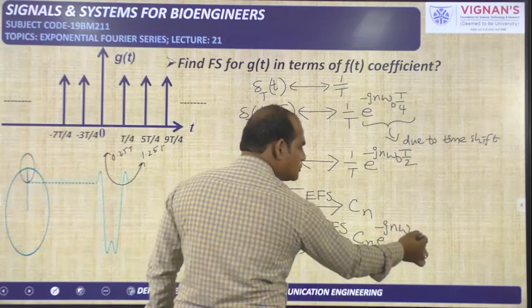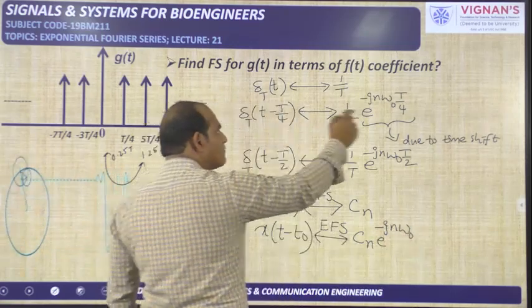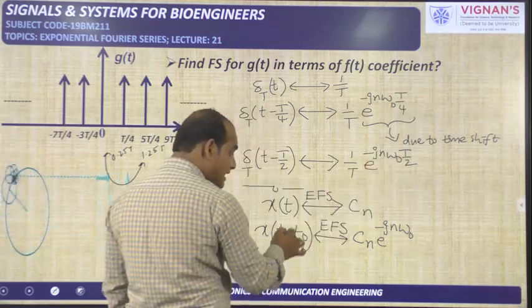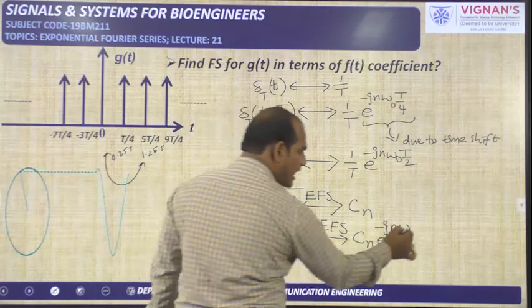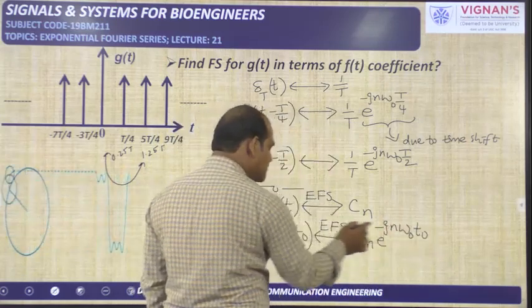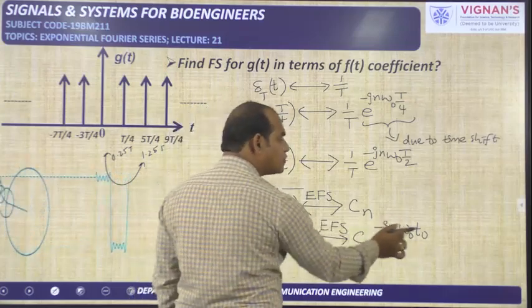Now you tell me what should be written here. If the shifting is T by 4, T by 4 has come here. If the shifting is T by 2, T by 2 has come here. Here the shifting is t naught, so I need to write t naught. If the shifting is 2 seconds, I need to write 2. If the shifting is minus 2 seconds, I need to write minus 2.